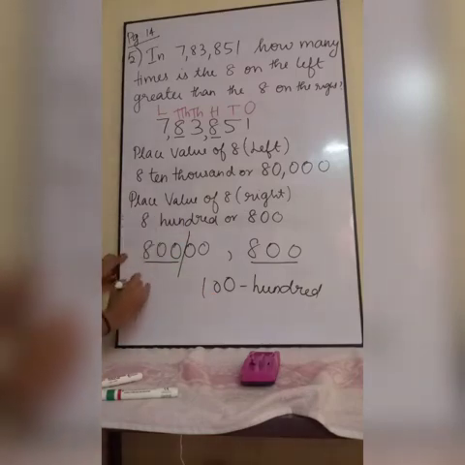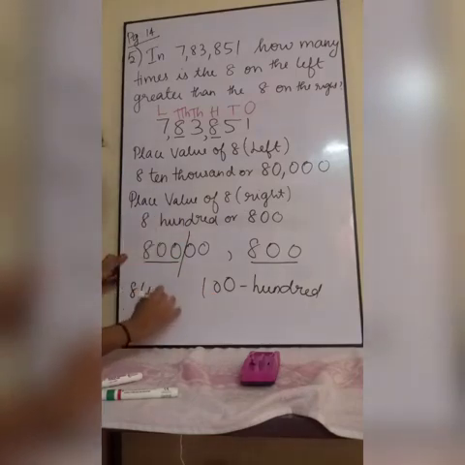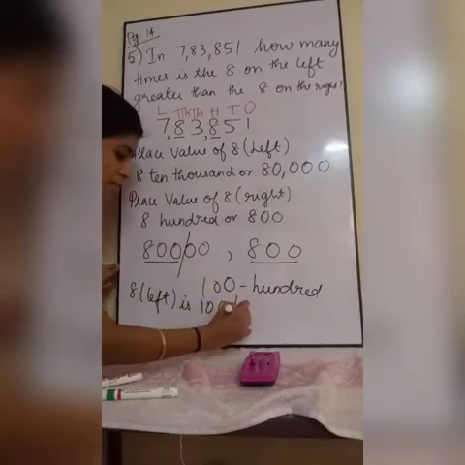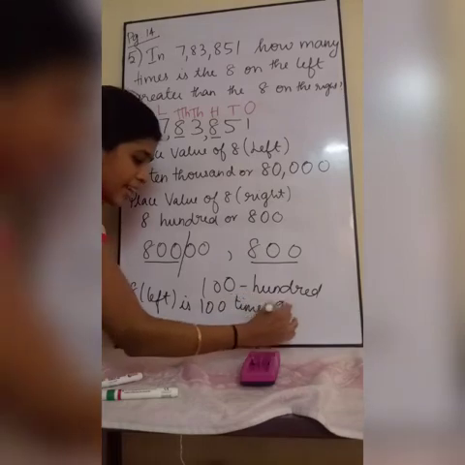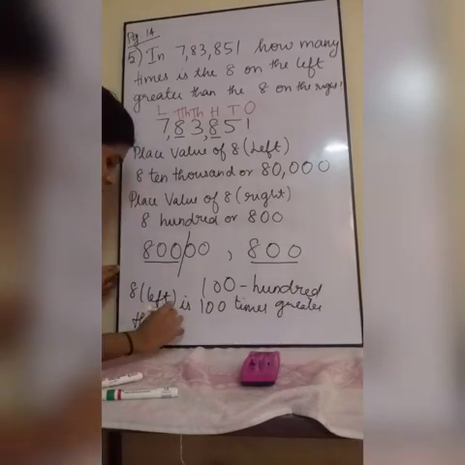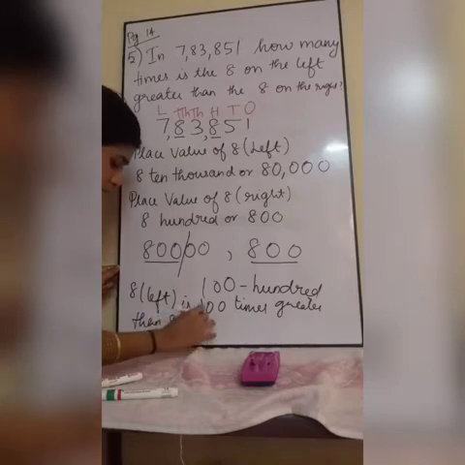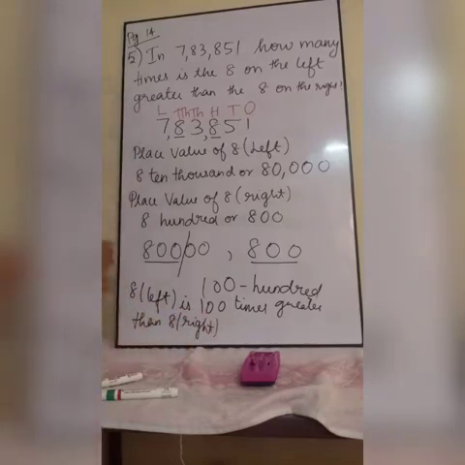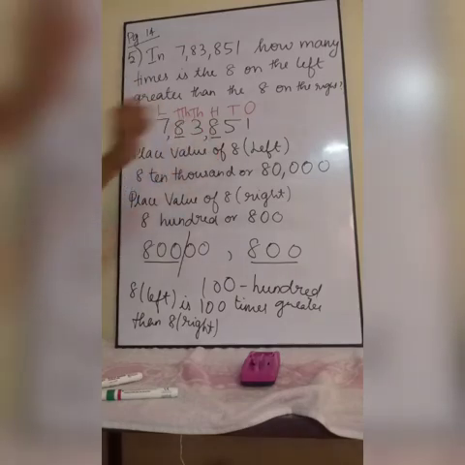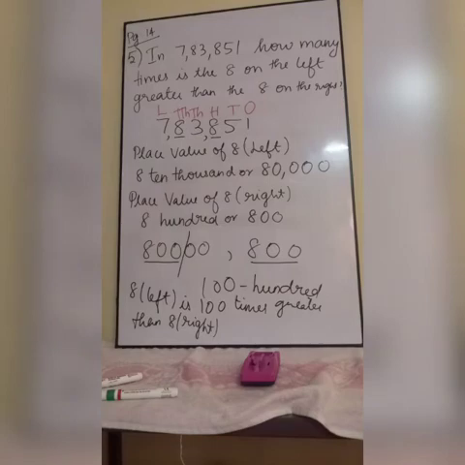So, this 8 on the left side is 100 times greater than the 8 on the right side. Okay? So, here listen. First, they are asking the 8 on the left side is how many times greater than the 8 on the right side.